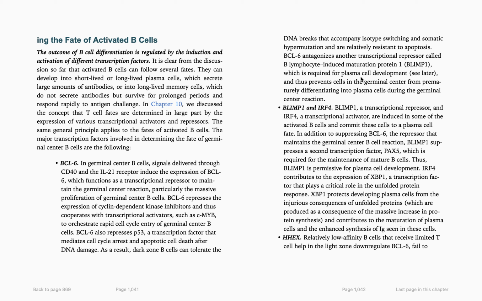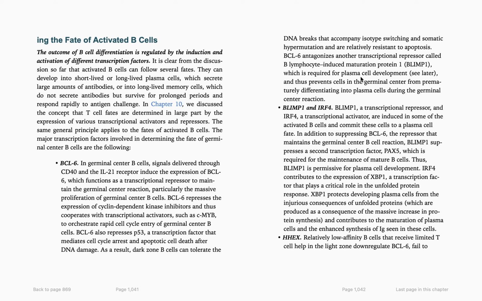BCL6. In the germinal center, B cell signals derived through CD40 and the interleukin 21 receptor induce the expression of BCL6, which functions as a transcriptional repressor to maintain the germinal center reaction, particularly the massive proliferation of germinal center B cells.